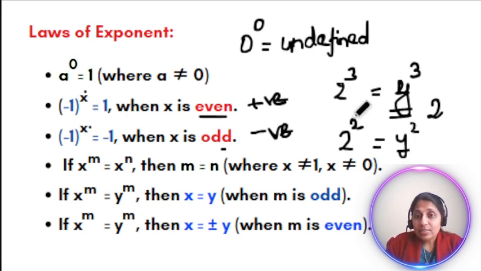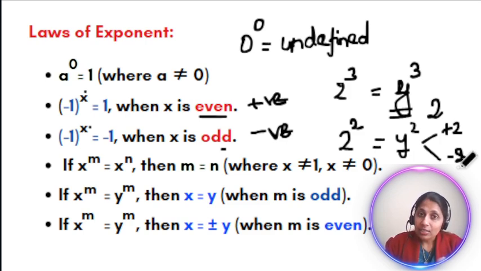In this case, since the power is even, y can be both plus 2 as well as minus 2, because both these answers will give you the same answer. Because the power is even, both the negatives will pair up. Whenever the power is even, you have to understand that y can be either positive or negative. Okay. So these are the basic laws that you have to keep in mind while solving problems on exponents.